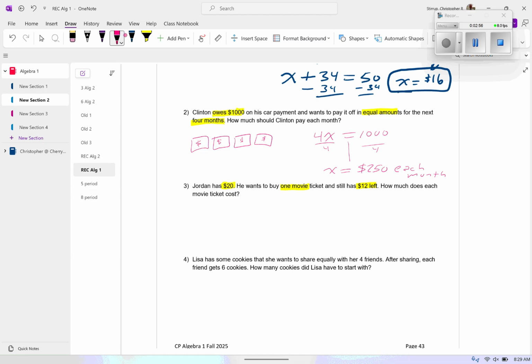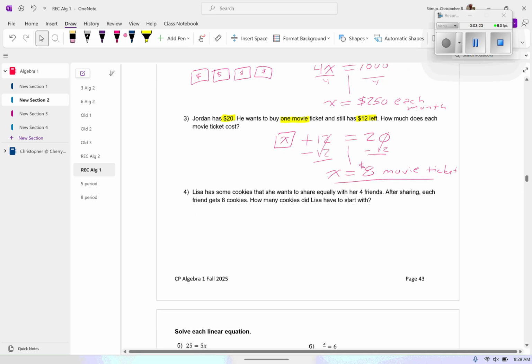So, movie ticket, we'll call X. There happens to be $12 that they still have, but it originally had $20. So, if we go ahead and solve this, subtract 12. So, it looks like $8 was the movie ticket. Okay, pretty simple.